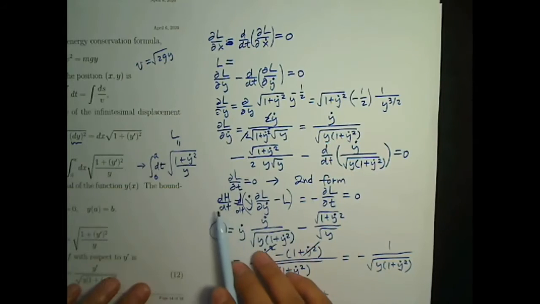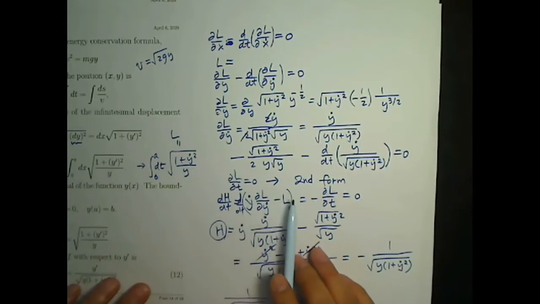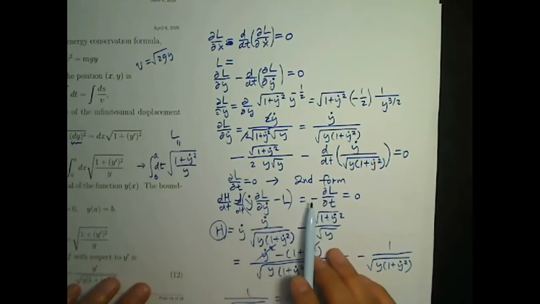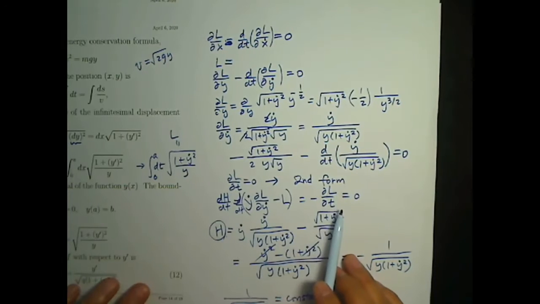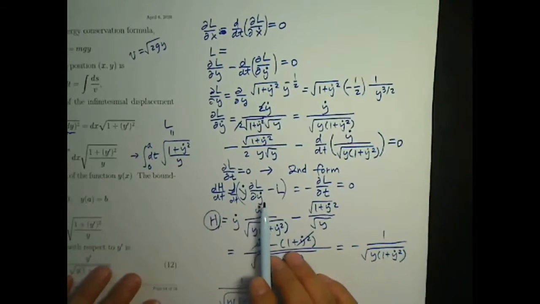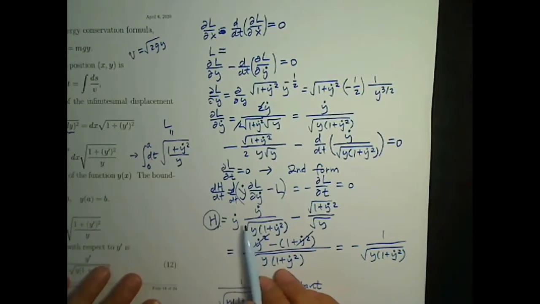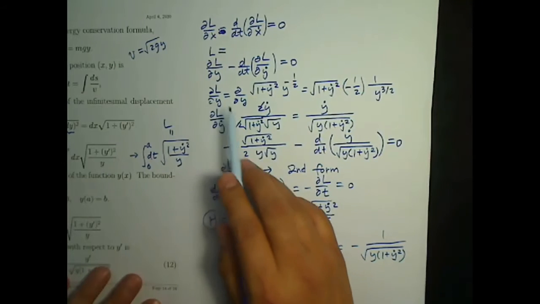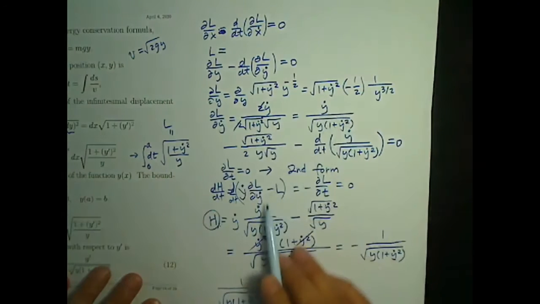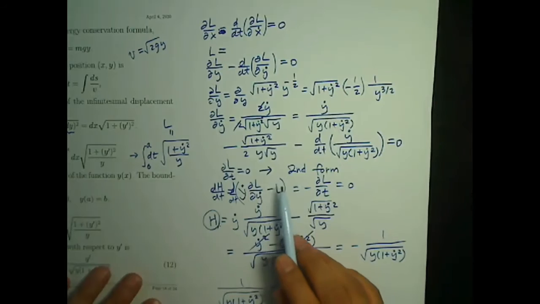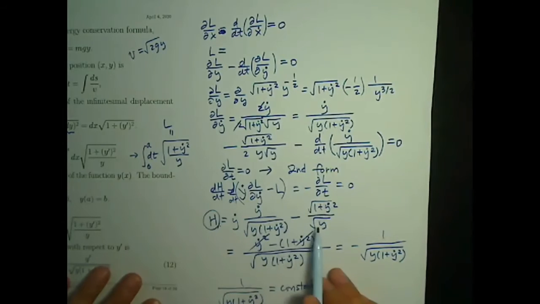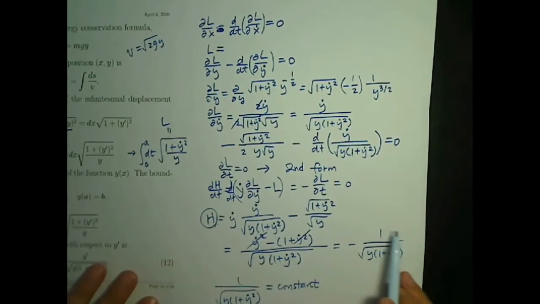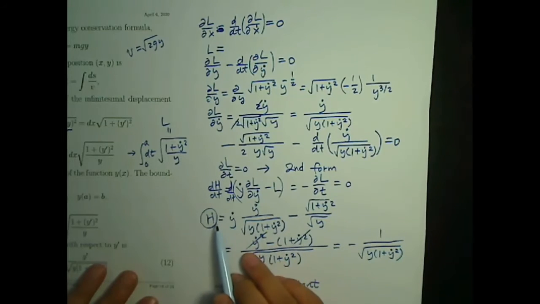The second form is the total time derivative of the Hamiltonian equals minus the partial time derivative of the Lagrangian, and actually this one is 0. The Hamiltonian is computed in a very simple way: this is y dot times the conjugate momentum. The conjugate momentum is obtained in here. I substitute here and subtract the Lagrangian and combine the two pieces together. What I find is this one, and actually this is constant in time.